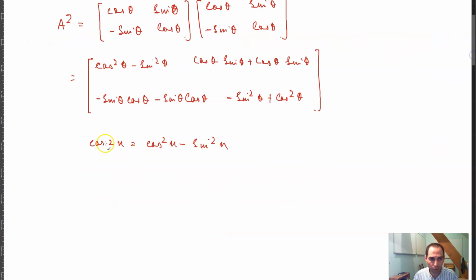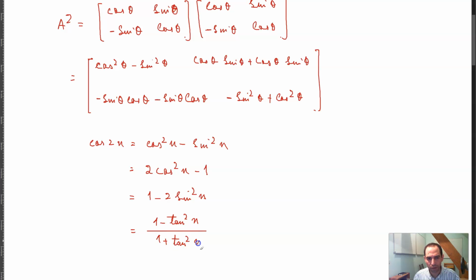Cos of 2x is also equal to 2 cos squared x minus 1, and that's also equal to 1 minus 2 times sine squared x, and it's also equal to 1 minus tan squared x over 1 plus tan squared x.